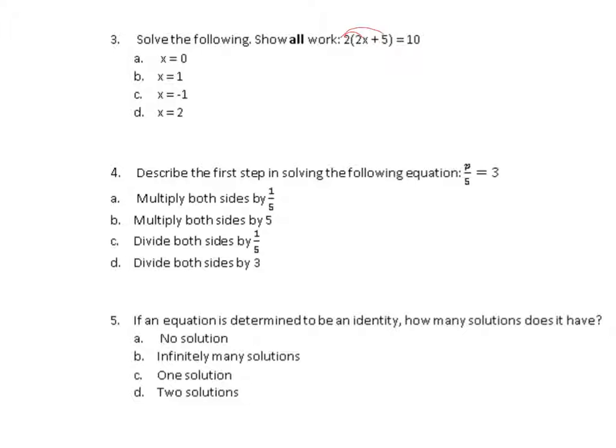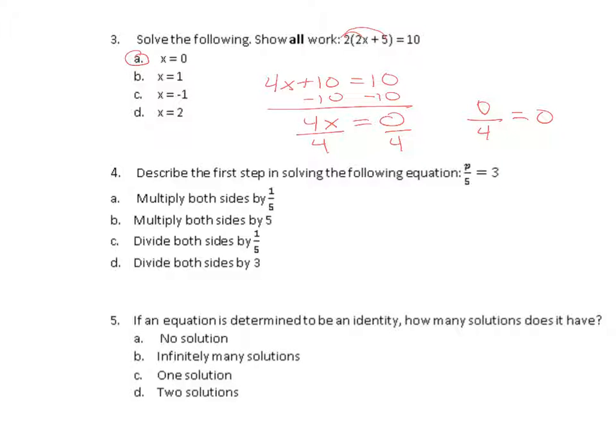So I'm going to have to distribute the 2. 2 times 2x is 4x, 2 times 5 is 10, equals 10. And then I subtract a 10 and I subtract a 10. 4x equals 0. Then I divide by 4 and I divide by 4. What's 0 over any number? 0. Good.